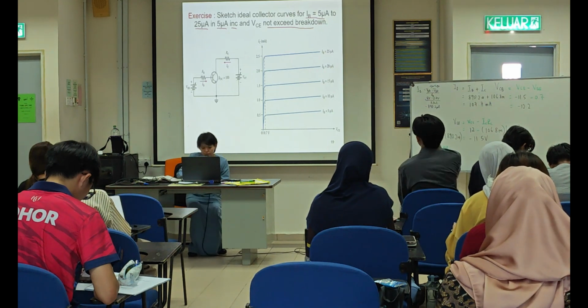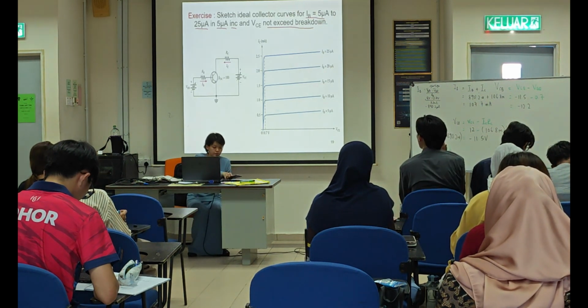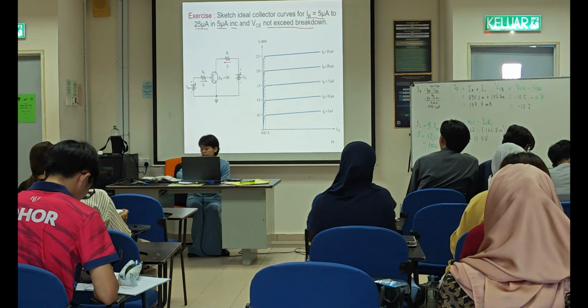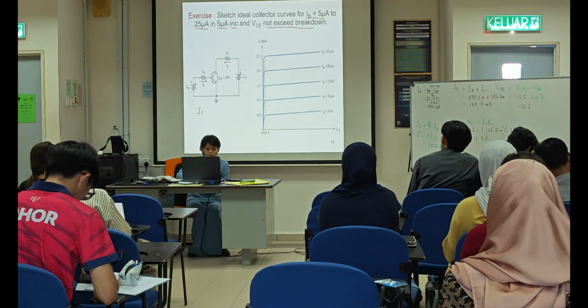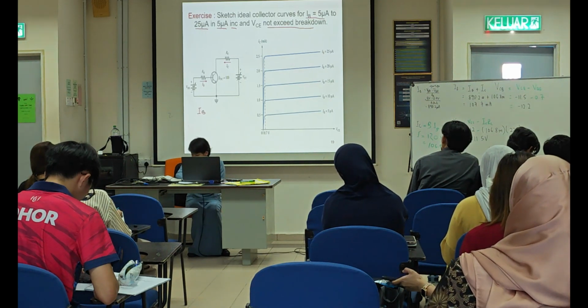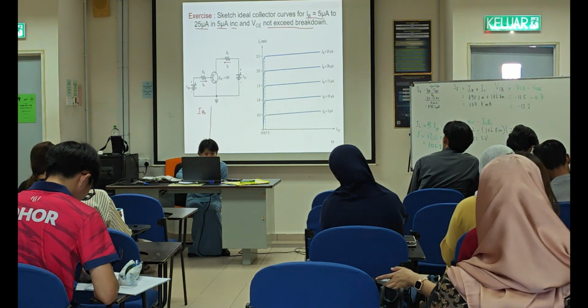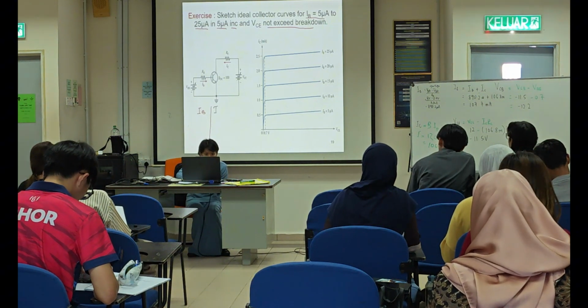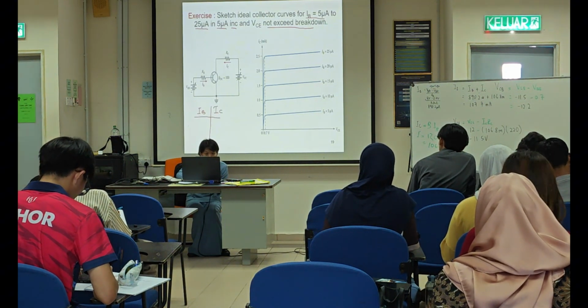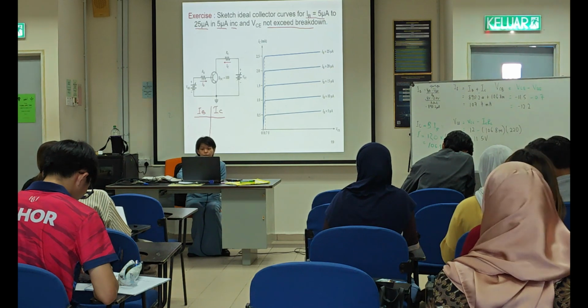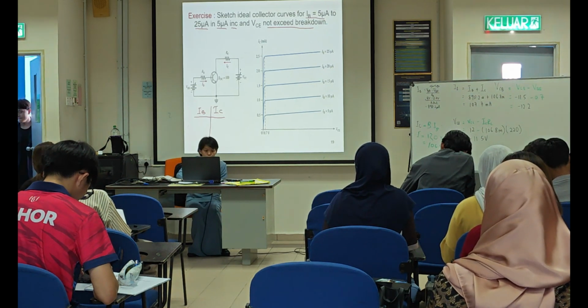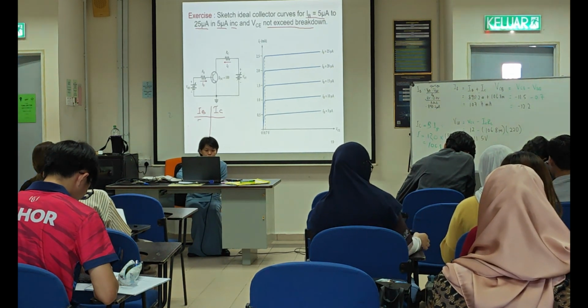I will straight away draw the table here. First you put your IB, then with respect to it, the column for IC. Now your IB value starts at 5 milliampere, so you put 5 here.